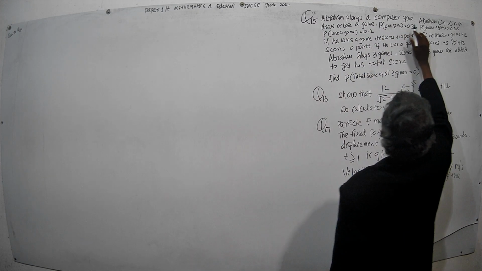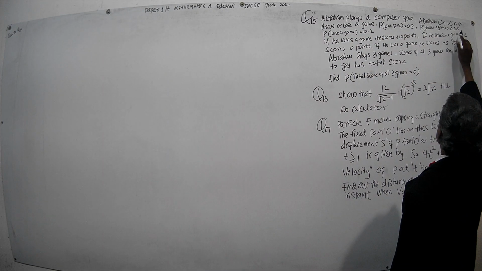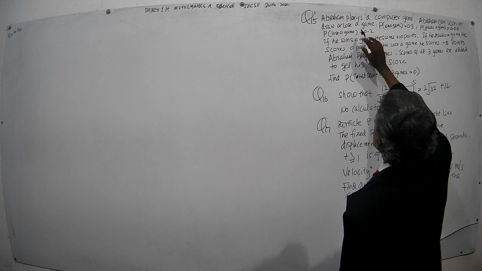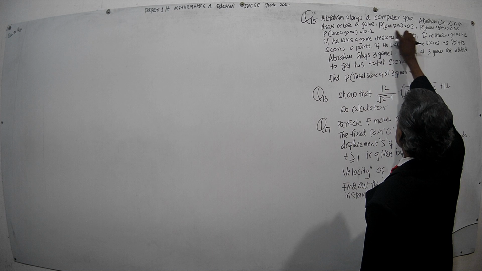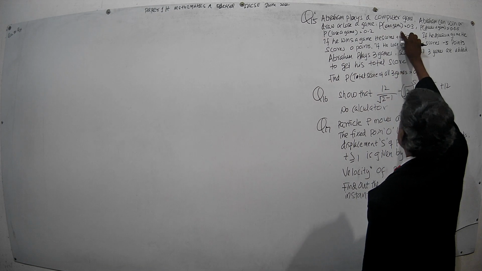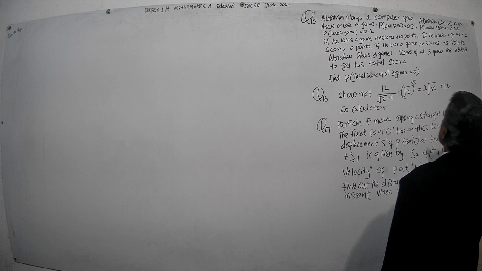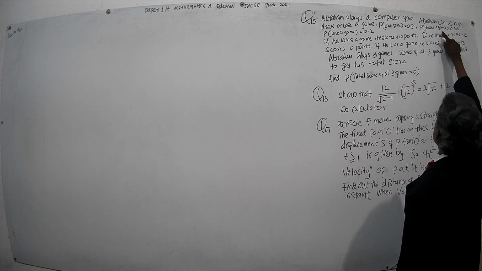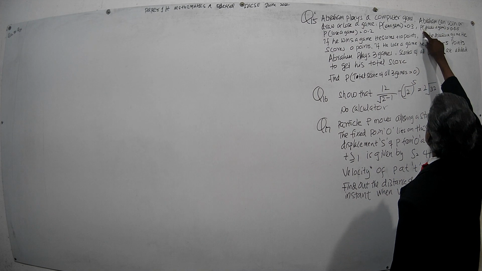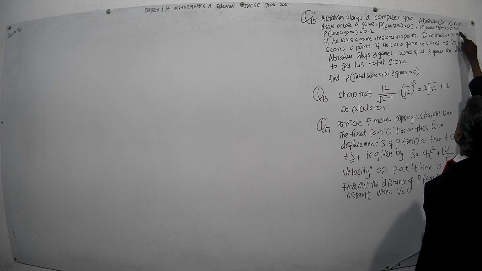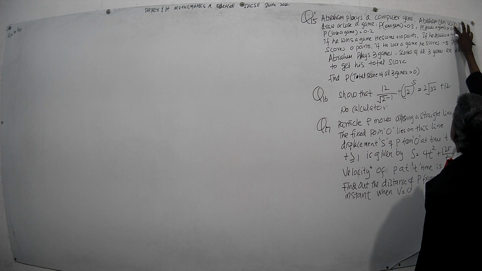Here, Abraham plays a computer game. Abraham can win or draw or lose a game. The probability that Abraham wins a game is 0.3. The probability that he draws a game is 0.5.